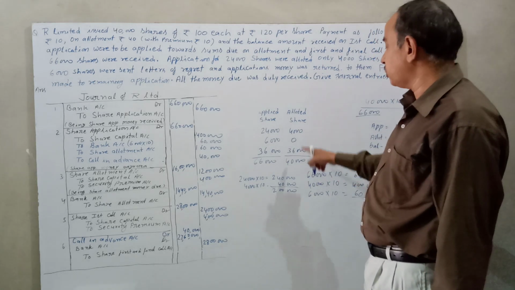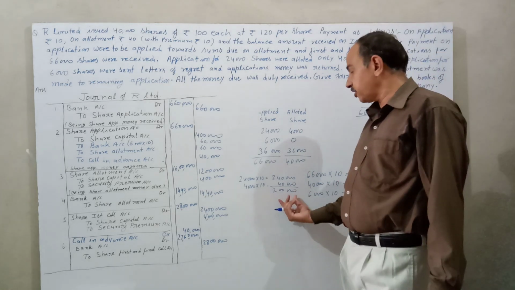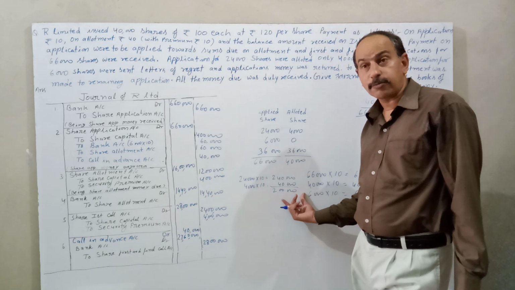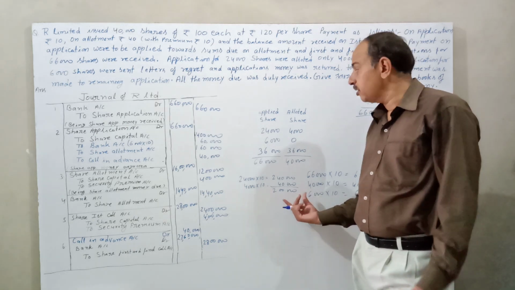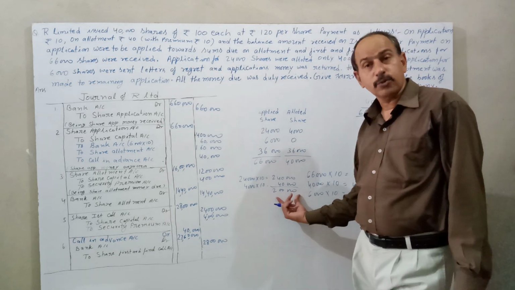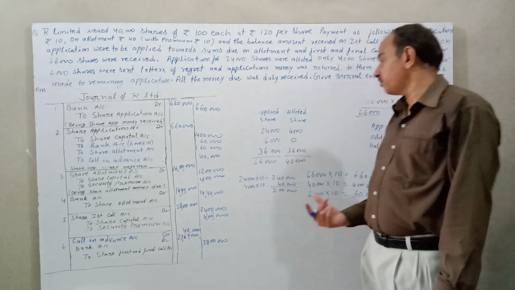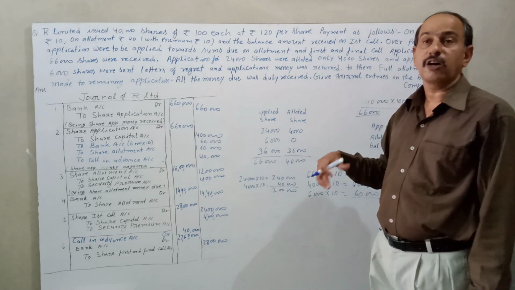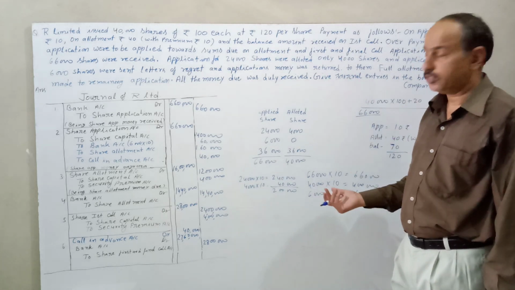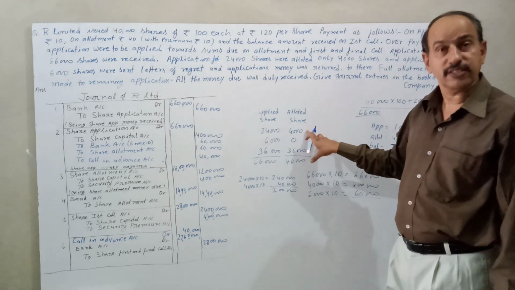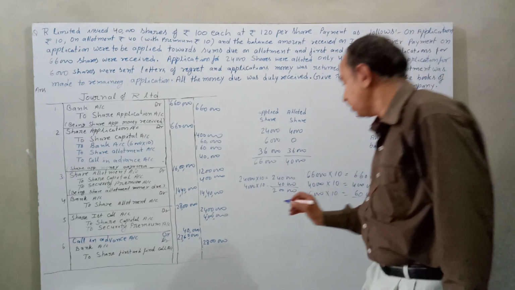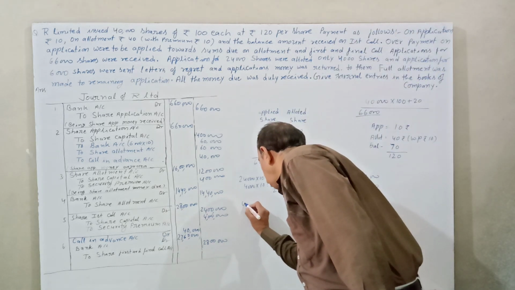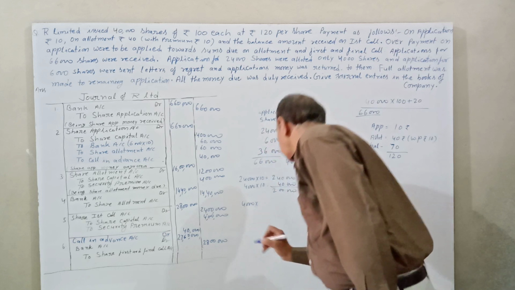Next, the shareholders demanded 2 lakh from the company, but the company told them we cannot pay this amount, we keep it on deposit and adjust it in the next amount. So the company adjusted it on allotment for the 4,000 shares.